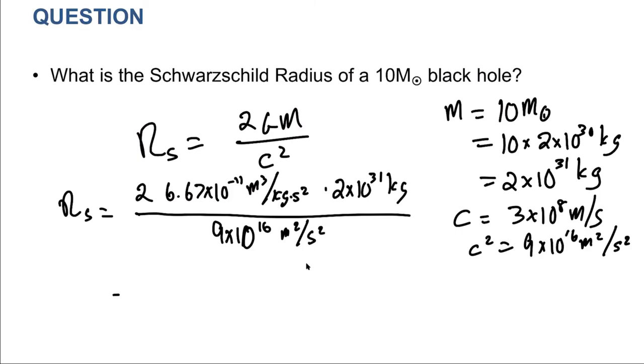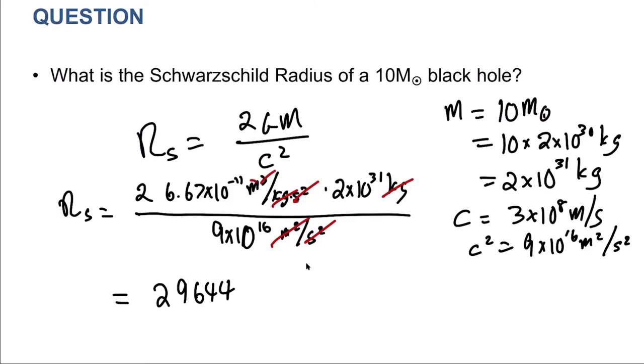When you plug all that into a calculator, you get 29644. And what are the units on that number? Well, kilograms here cancels kilograms there. We've got second squared canceling second squared there. We've got meters squared canceling 2 of the 3 meters squared up there.